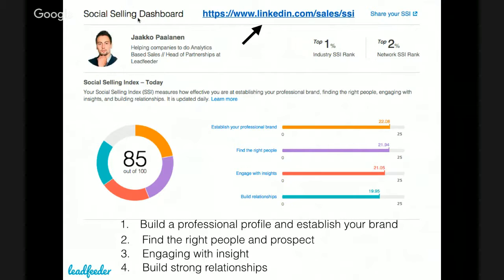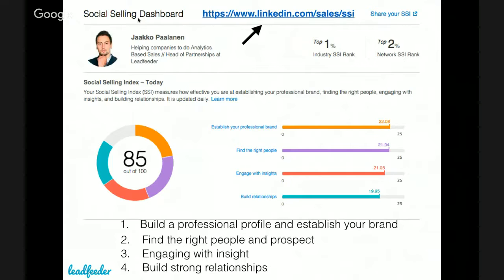The fourth part is building strong relationships. As we all know, sales is all about relationships and trust. So social channels, and LinkedIn especially, are a really good way to build strong relationships.